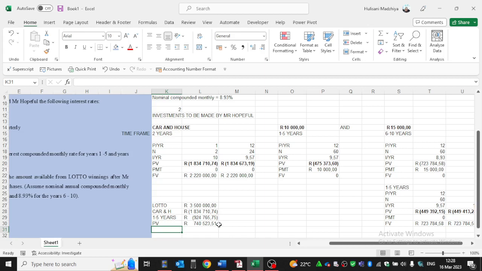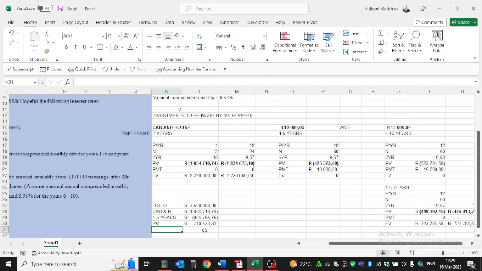So he's going to make a purchase of an investment for 2 years of 1,834,710.74 cents for his car and house investment, and then he's still going to spend 924,765.75 cents, which will allow him to withdraw 10,000 from year 1 to 5 and then 15,000 from year 6 to 10.